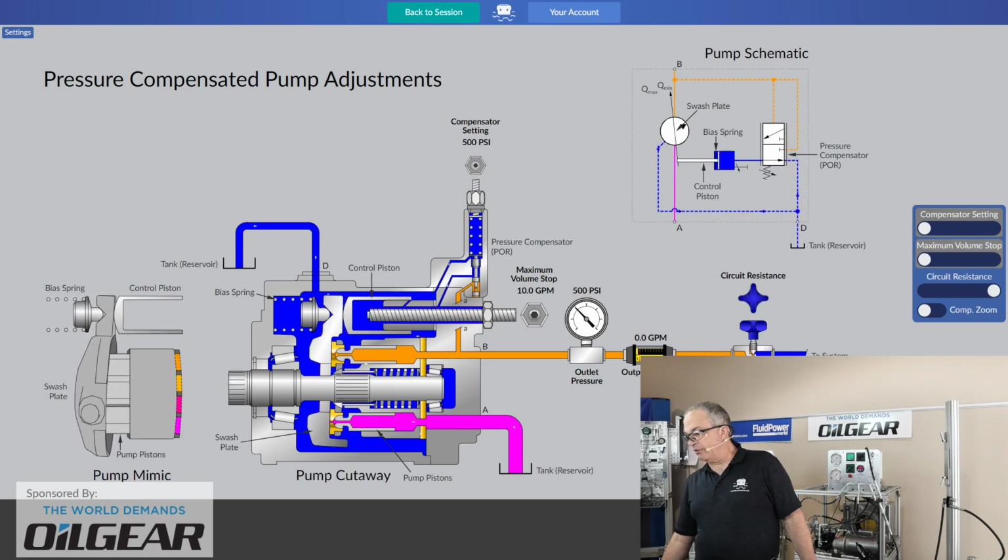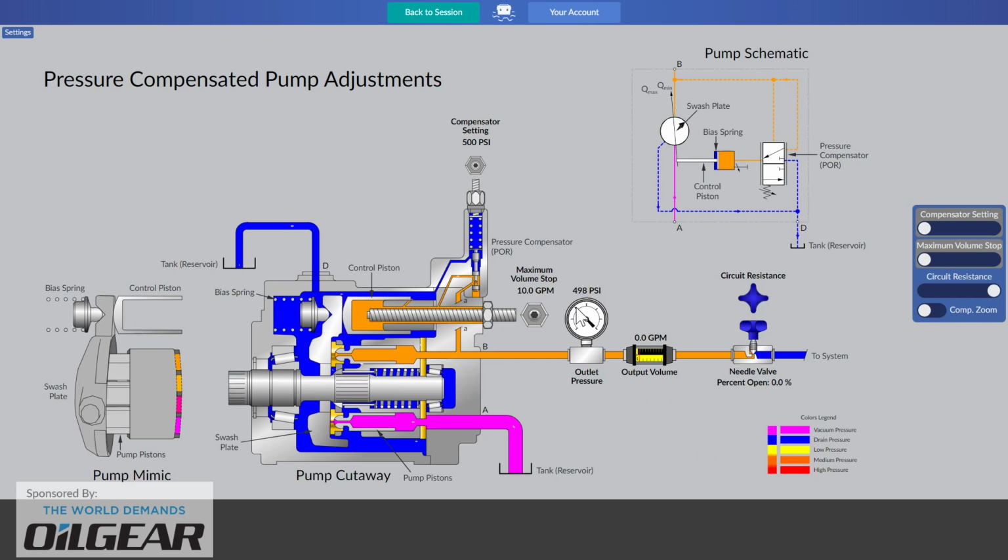You'll notice that our flow meter indicates we've dropped down to 0 flow rate, and now we see our pressure gauge, and if it's a very fine resolution pressure gauge, we might see a tiny variance if we could detect it, and that might be due to what the pump swash plate is up to and other points of internal leakage. On most pressure gauges, you would not see the needle moving at all.